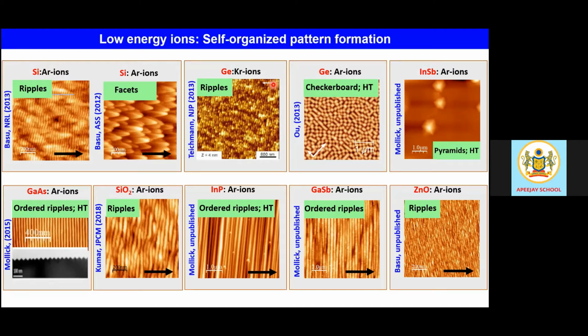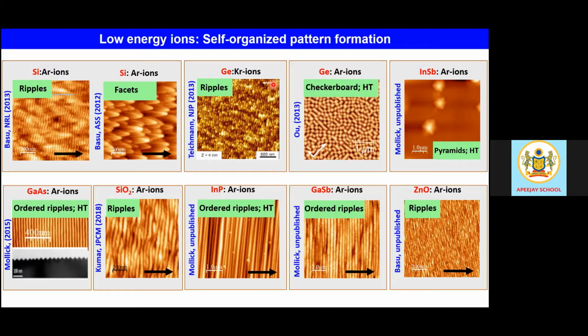Now, this is just to give you a glimpse of what kind of fascinating patterns can be generated and why low energy ions are popular. Because if at all anything has to be talked about in terms of the optoelectronics industry, one has to have wafer scale integration. Using conventional higher energetic ions, or rather ion producing equipment like ion implanters, will be much costlier compared to these low energy ion sources.